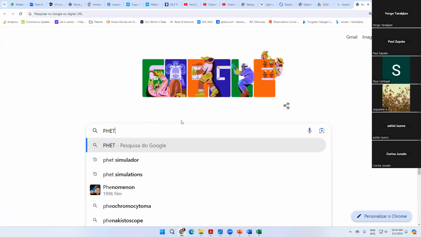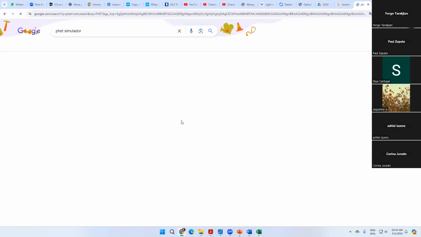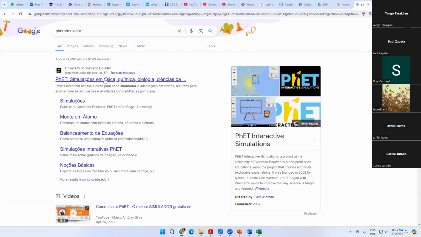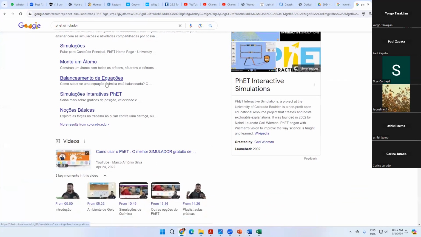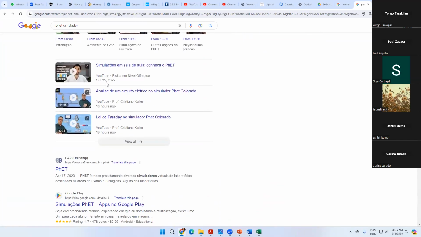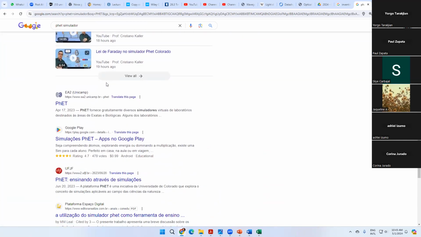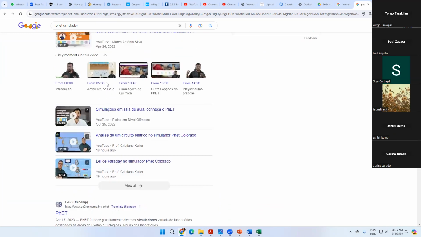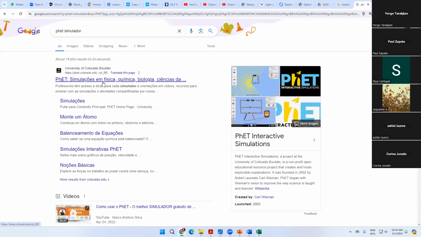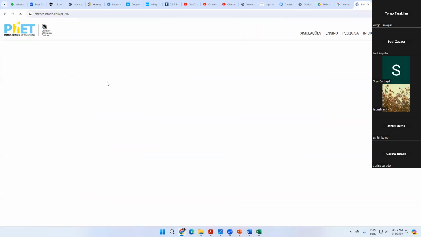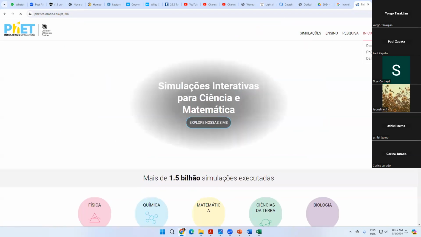PhET simulator. Here you go. PhET simulations. I want that in English. Okay, that's okay. There might be a way to switch to English here. It's in Portuguese, unfortunately.